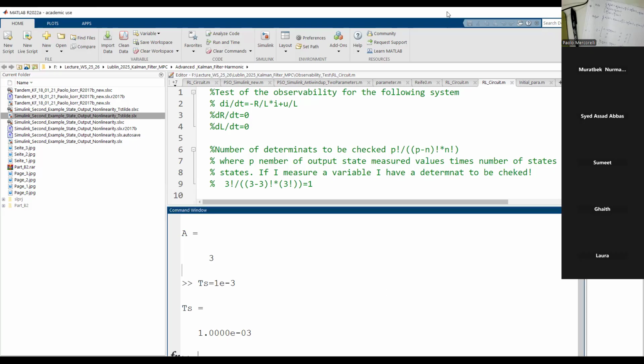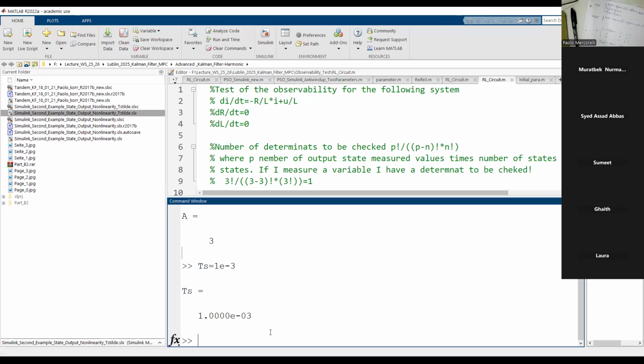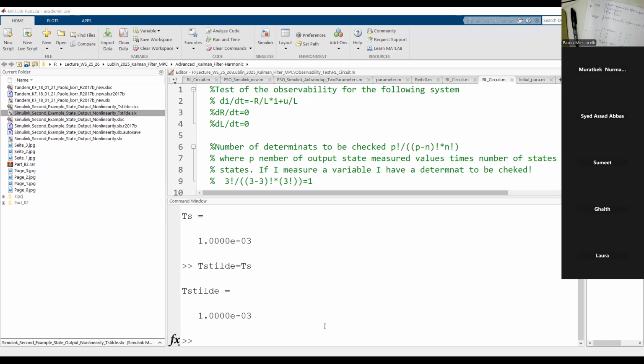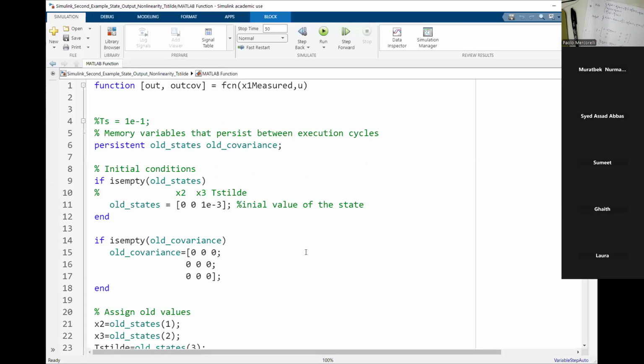Let me show you. I will put Ts tilde, this is this, no? Equal Ts. Ts is defined to start. And then let me analyze the Kalman filter inside very quickly. But it's basically the same. I just augment it.